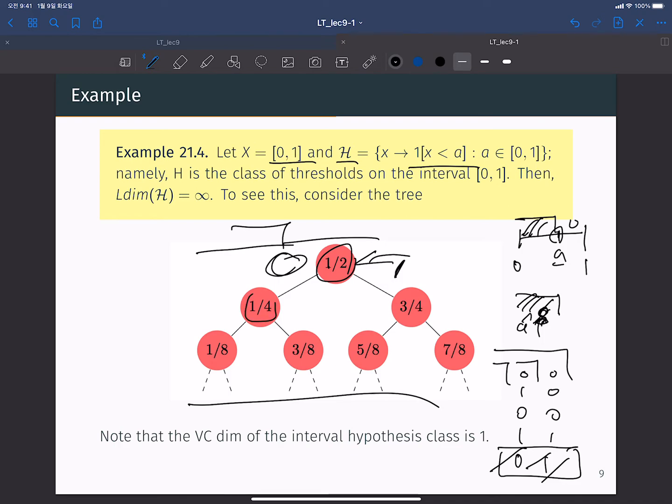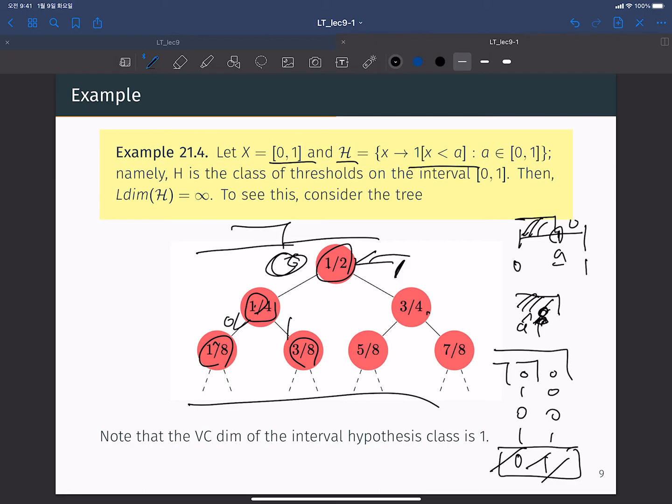And when we have 1 over 4 and 3 over 4, again there are subsets of hypotheses having value 0 0, having value 0 1, and so on. So basically we can simply go deeper into this tree using some pivot point. We can easily find such a pivot point.